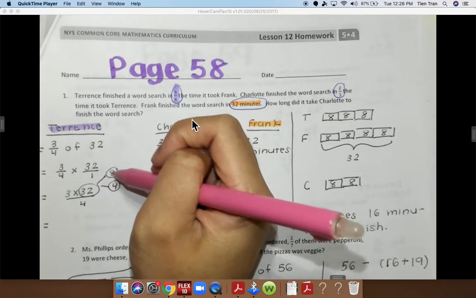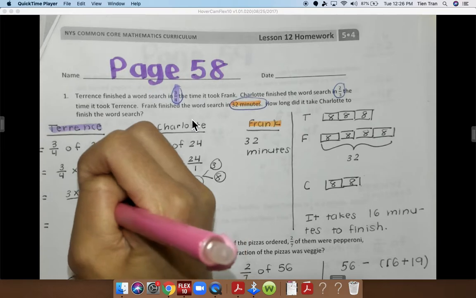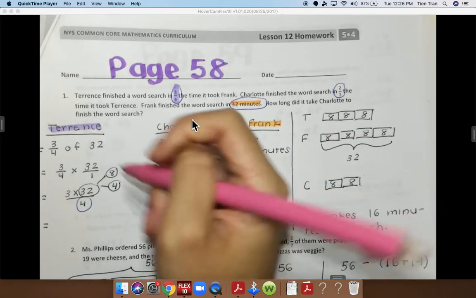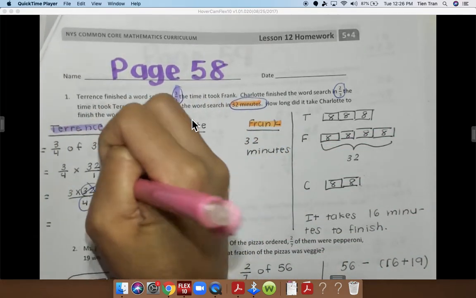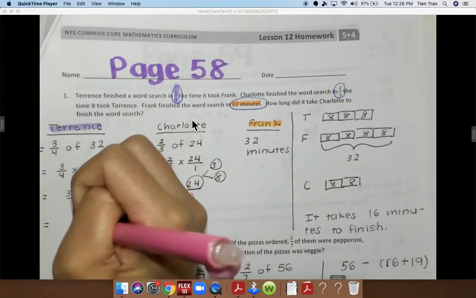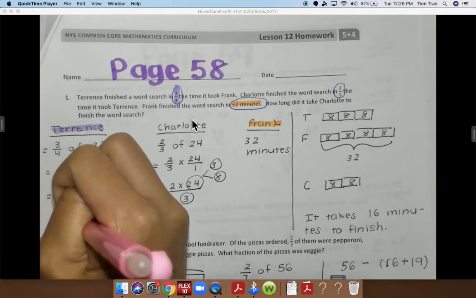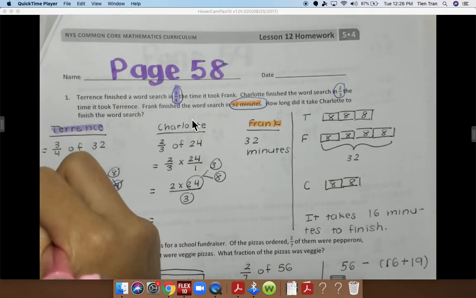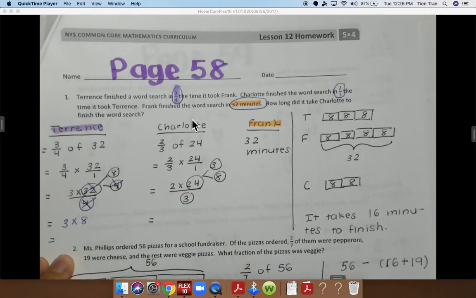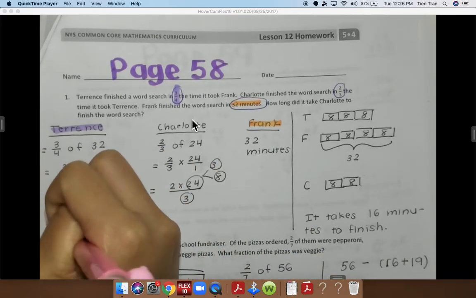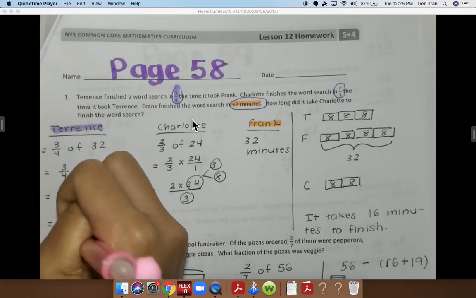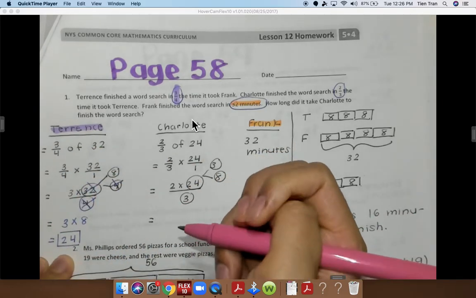So I broke down 32 to 8 and 4 because I noticed that the denominator is 4. Now I can cross off 4 and 4, and what I have left is 3 times 8. And 3 times 8 is equal to 24. So my final answer for Terrence is 24.